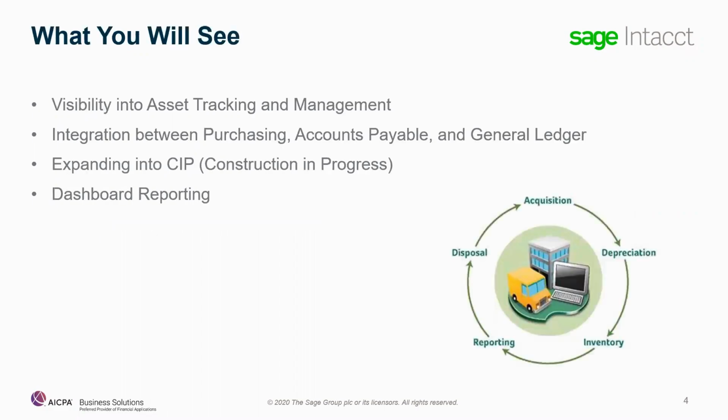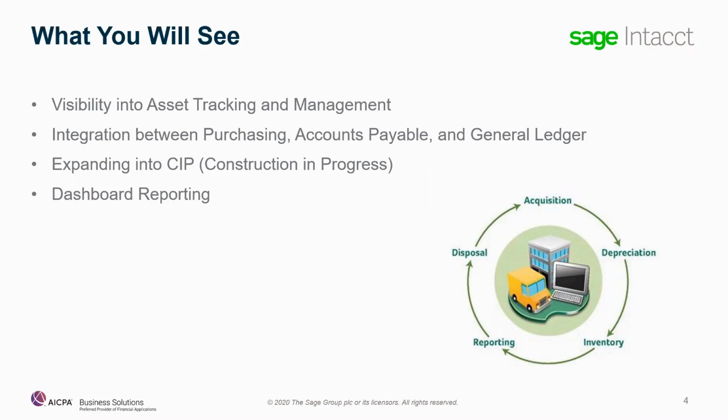So today what I want to share with you is a new way to manage your fixed assets, and that's to incorporate that into the Sage Intacct footprint. Today you are probably using Accounts Payable and General Ledger. You may or may not be using Purchasing. If you are, that's great, because Fixed Assets integrates with all three of those applications.